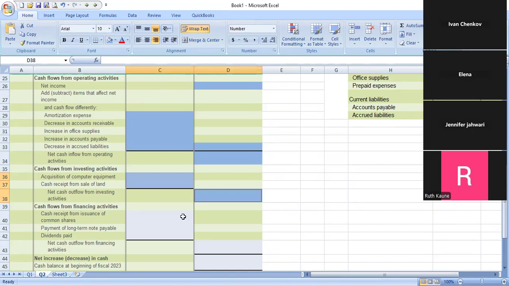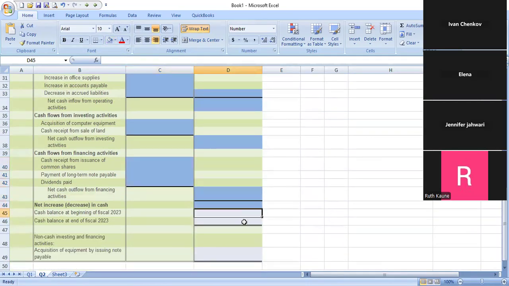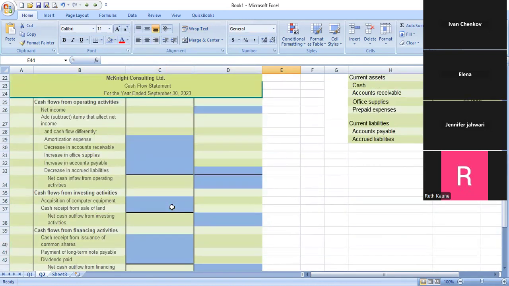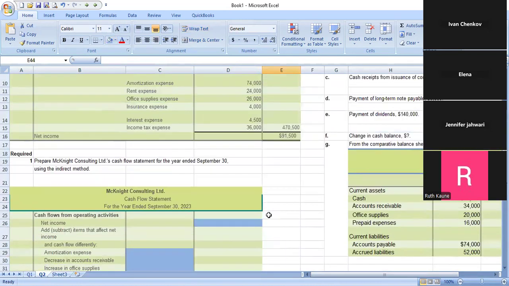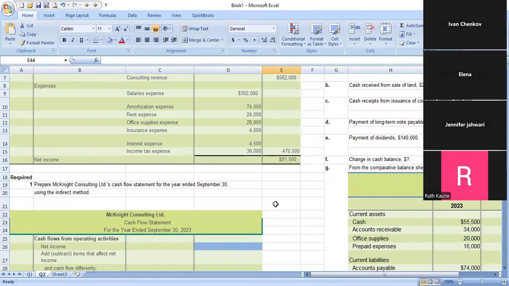Nothing more, nothing less. You don't even have to come up with the names of the lines. The names of the lines are given to you. You just have to follow the names and fill the gaps with the amounts. So what will be the approach here? It's up to you.